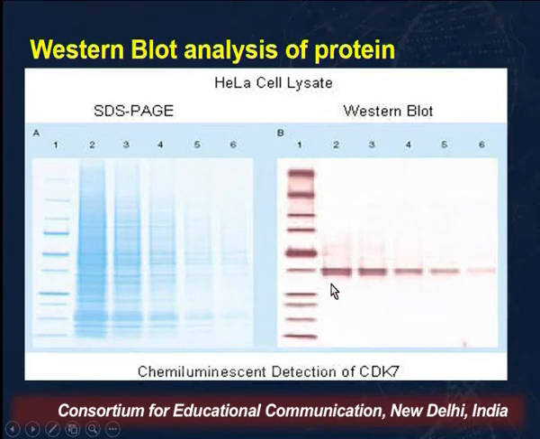You can very well see a single band here of different intensity. The intensity differs because the concentration of the protein was reducing from left to right. So you can see a darker band and a smaller, lighter band, and the lighter band means the concentration is less. This is a typical Western blot that is generated.